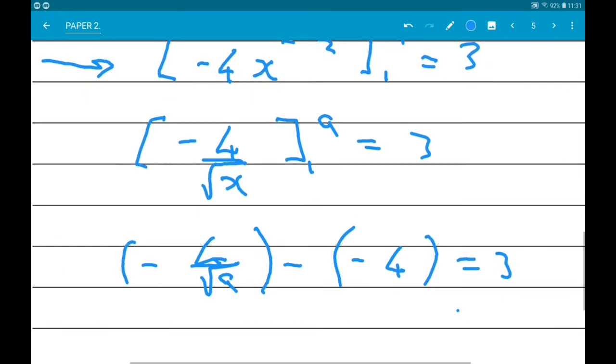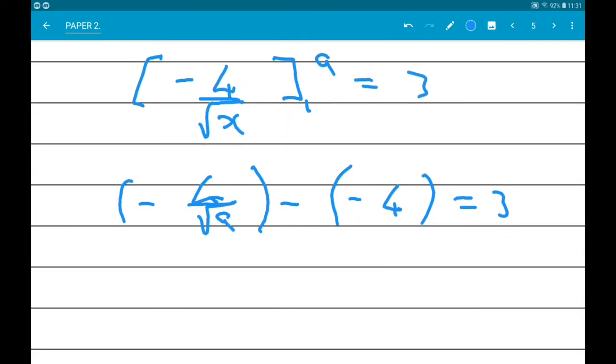So there we have minus 4 over root a add 4 is equal to 3.